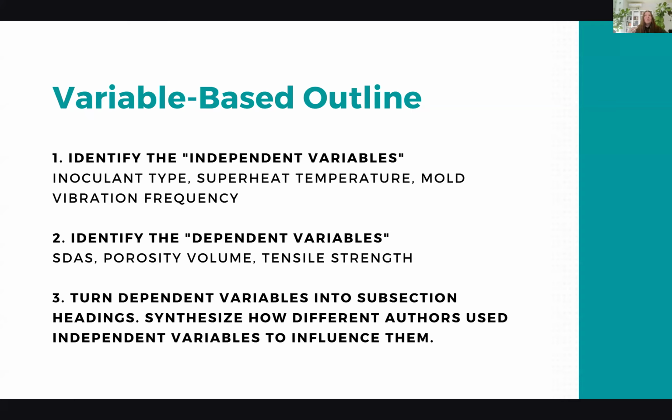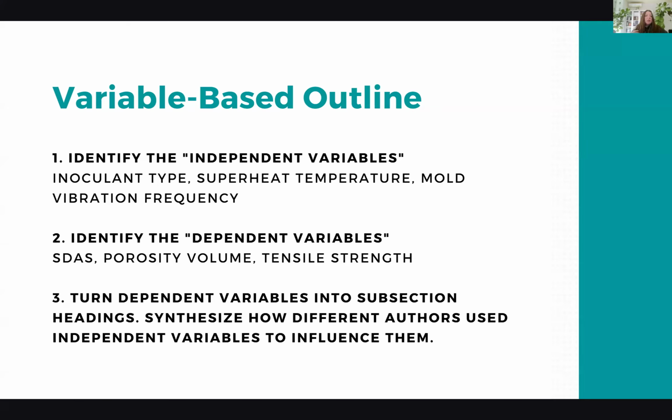Instead, we want our alloys to be stronger, or we want them to be more ductile, or anything else. And those are our dependent variables. So things we can't affect directly, but that we actually want to change for the better.